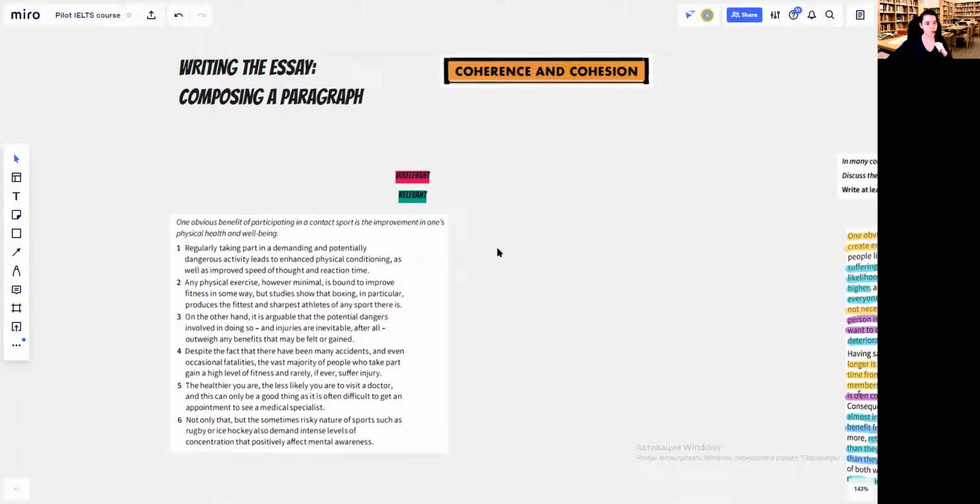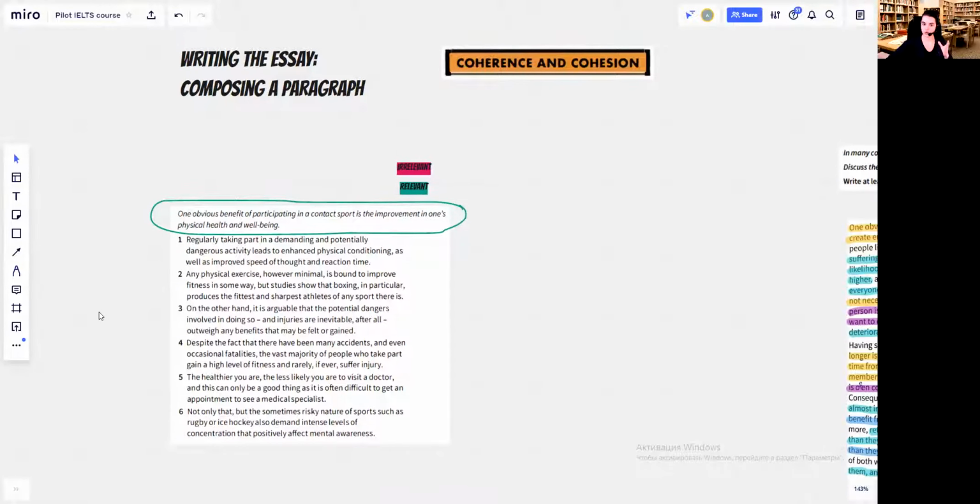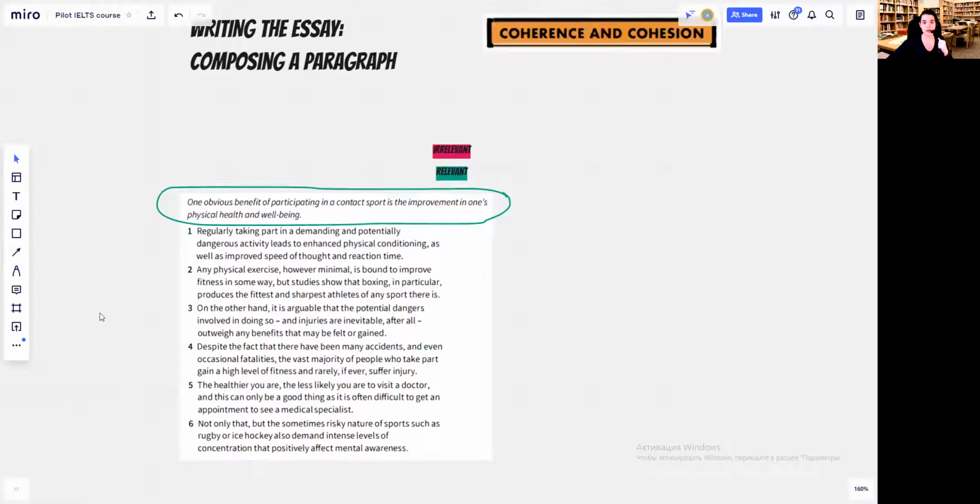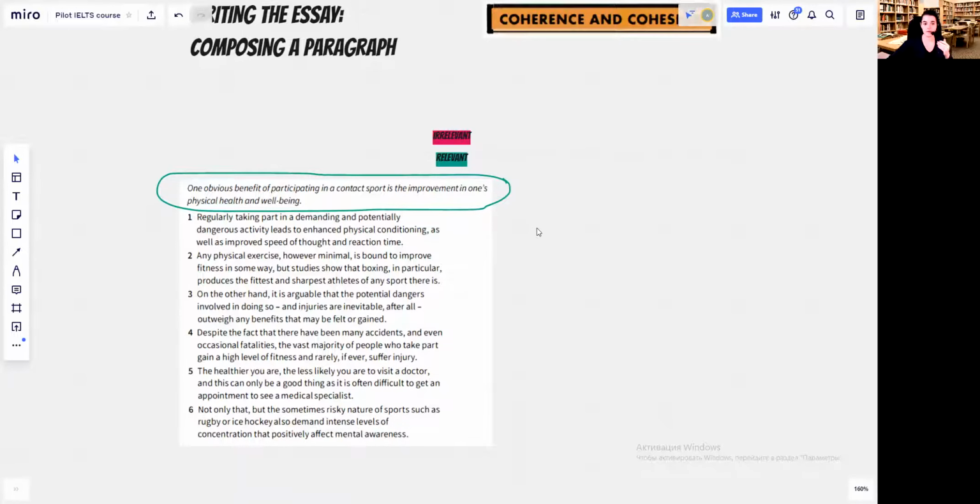So what we have here is the topic sentence, as I said. It incorporates the whole idea of our future paragraph. Now, if you want to do this task on your own, stop the video and think which of these six ideas are relevant or irrelevant for the given topic sentence.